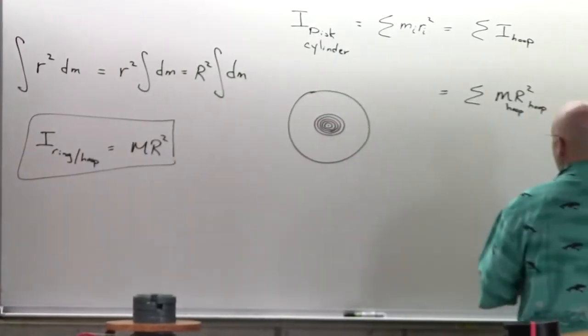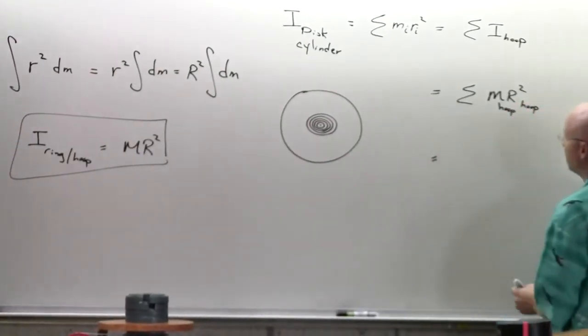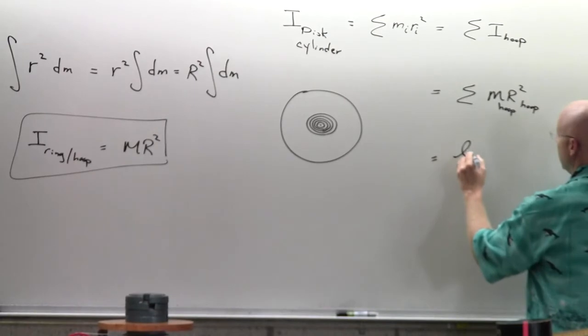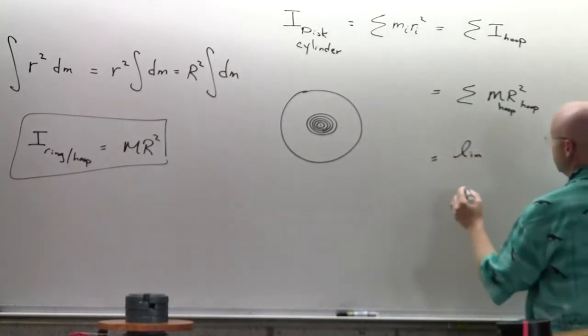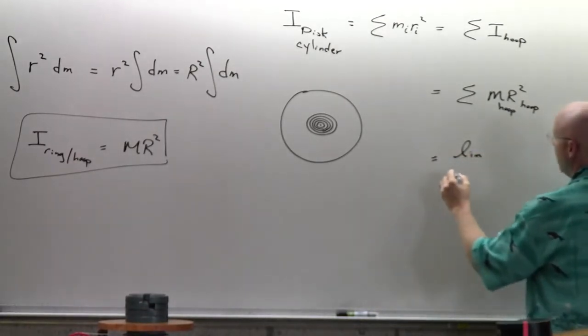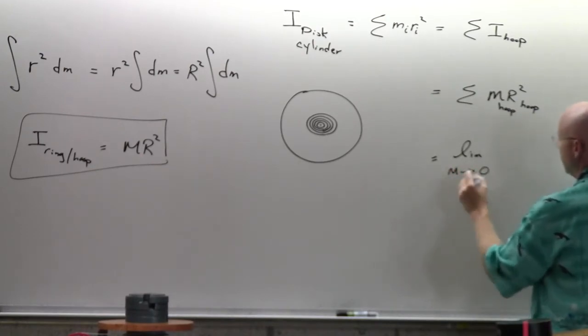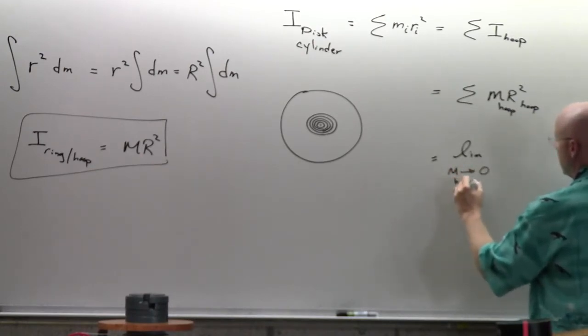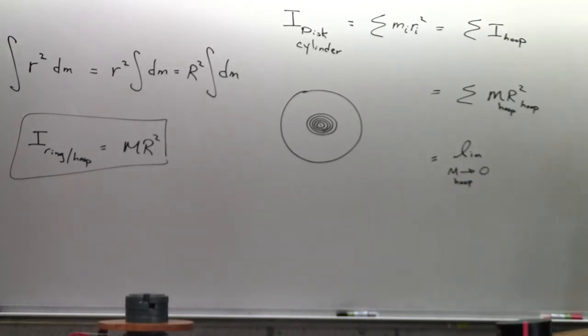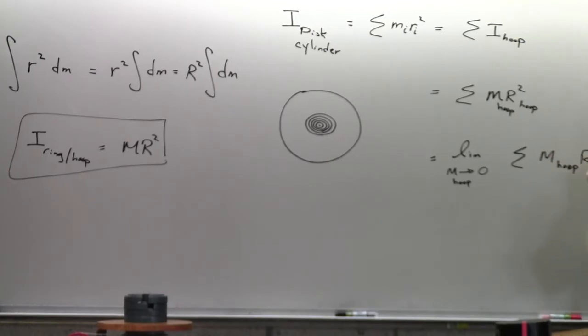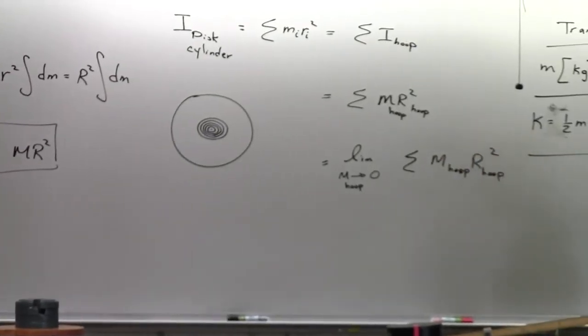And therefore, when is it valid and when is it invalid? I'll even do like we did last time. Why don't we take the limit as the hoop gets infinitely thin, and then add up our hoops, right?